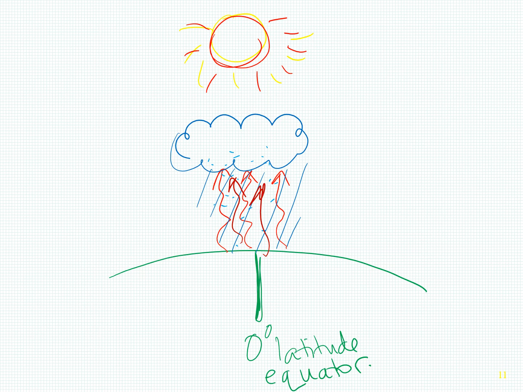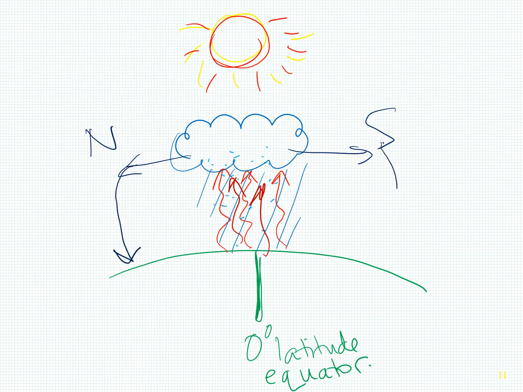It's going to push it north and south. So let's just say that this is going north and this direction is going south. It's going to push that air that way. But that air is getting cooler, and because that air is getting cooler, it's going to start sinking back towards the surface. So that cooler air is being pushed back north and south from the equator because there's still more air coming up from the equator.